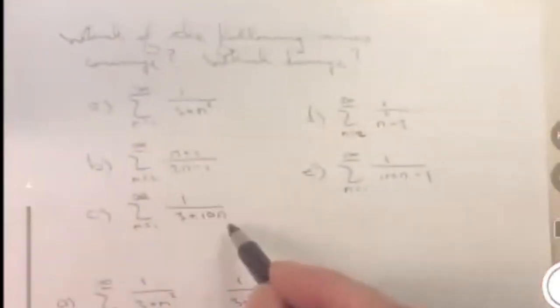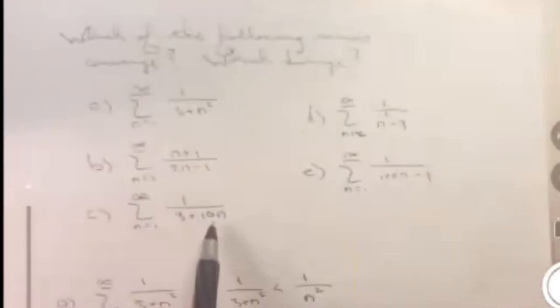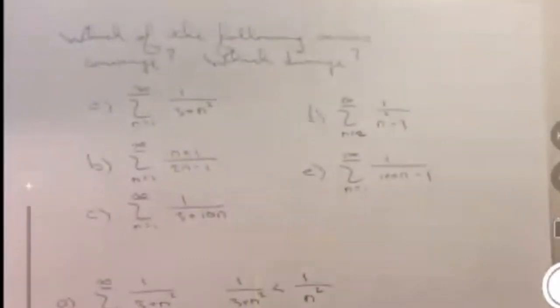Maybe they're too large to give me a convergent series. Maybe not. Similarly, down here, the temptation is to compare it to the harmonic series, or 1/10 of the harmonic series, which is divergent. But these terms are smaller. Maybe they're small enough to give us something that converges. Maybe not. But we're going to have to give a different argument and a different test for series such as those. And that's what we're going to do next.